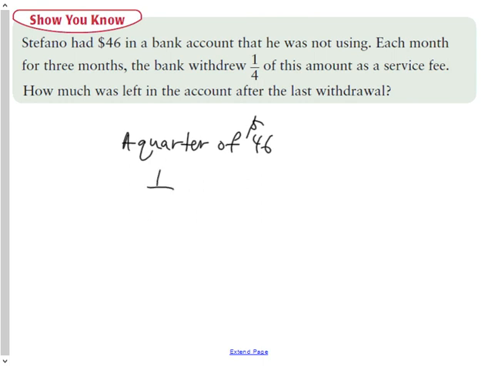So a quarter of $46, you can either use fractions or decimals. If I use fractions, I'm going to consider the whole number to be over 1. I'm going to probably try my best to cross reduce this down to 23/2.